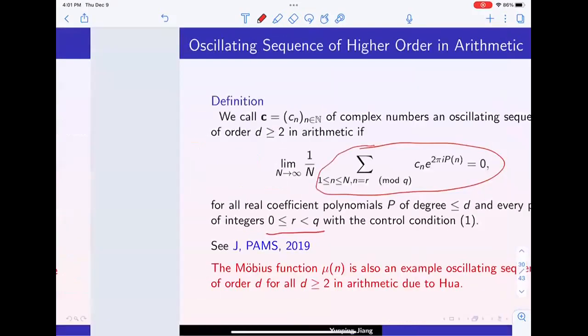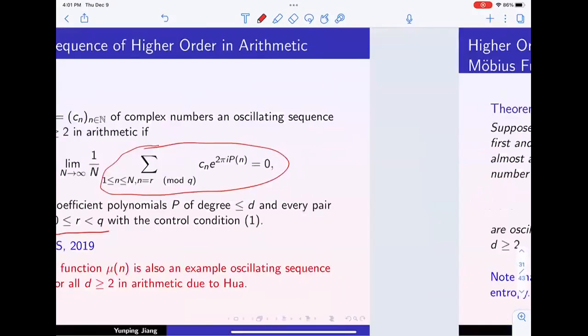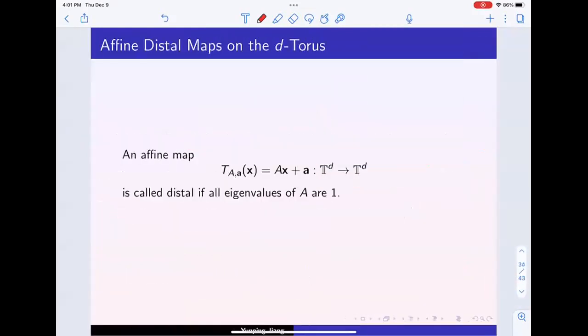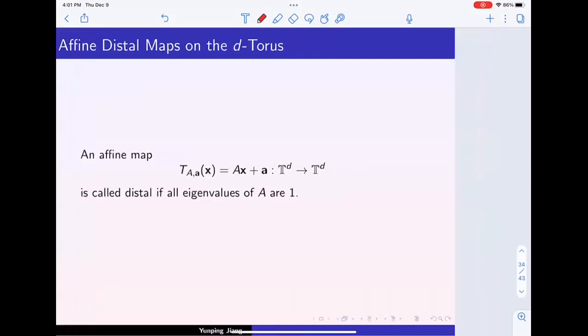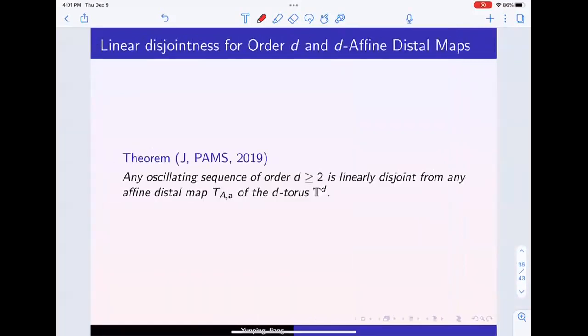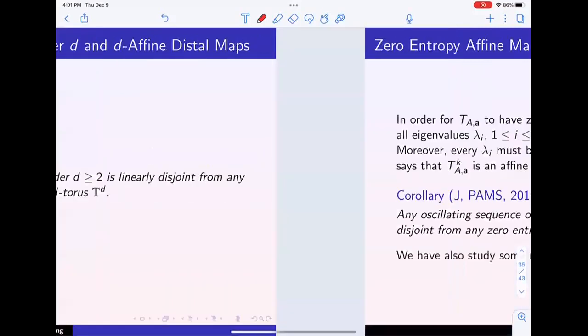Okay, now first, let me show you what all the entropy 0 torus alpha maps are.